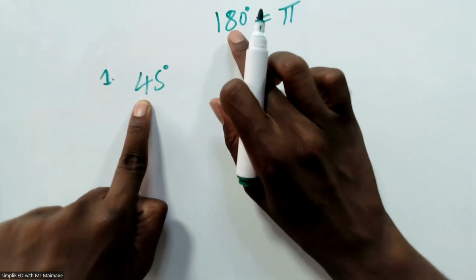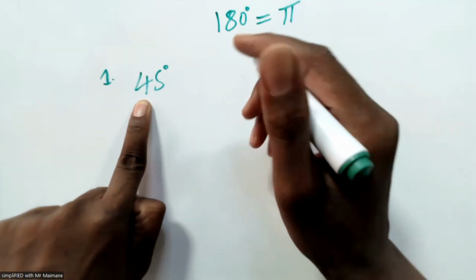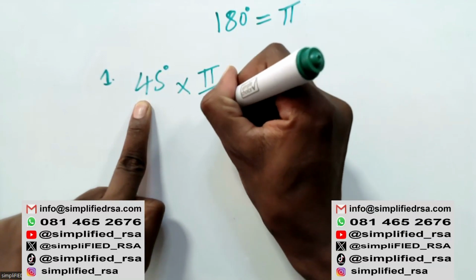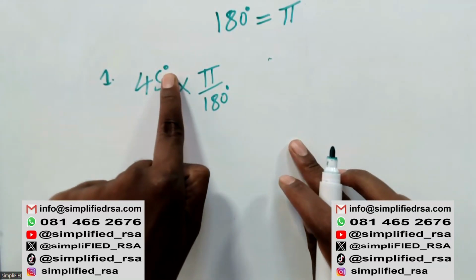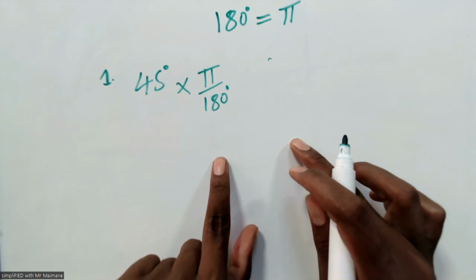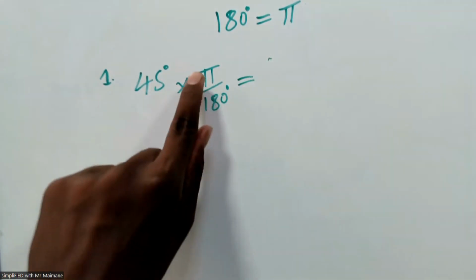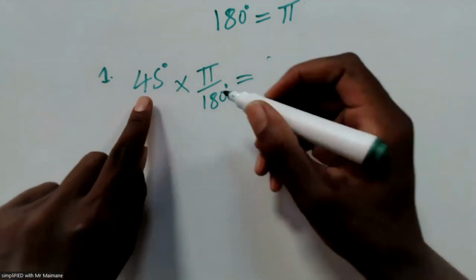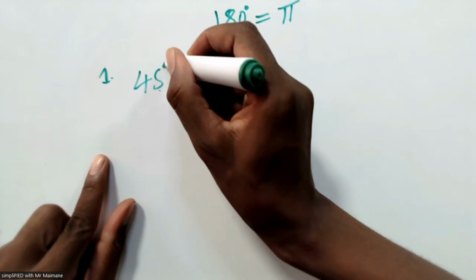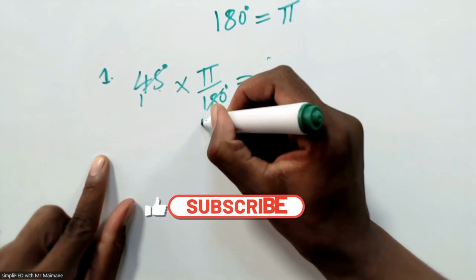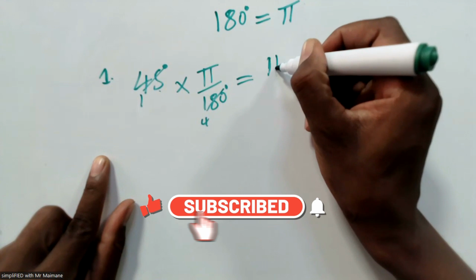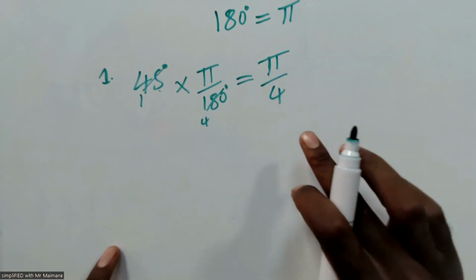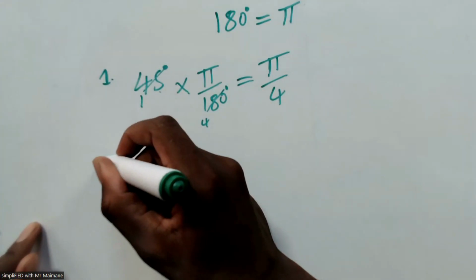Meaning here we want to move from degrees to radians, so I'm going to multiply by pi over 180, because these degrees will cancel these degrees, and I'm left with just an answer in terms of pi. 45 goes once here, 45 goes 4 times here. So this is going to be pi over 4. So 45 degrees is the same as pi over 4.